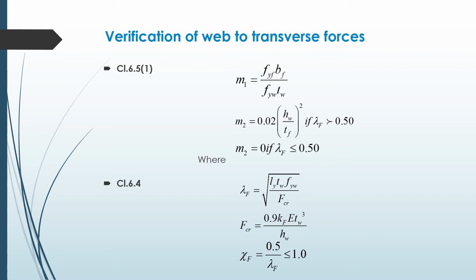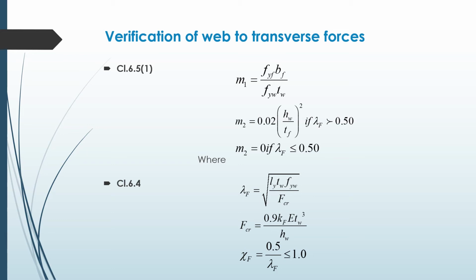For computation of the effective length L effective, we require the parameters M1 and M2, which shall be calculated as per the equations given in clause 6.5.1. The value of parameter M1 is given by M1 equal to Fyf into Bf divided by Fyw into Tw.